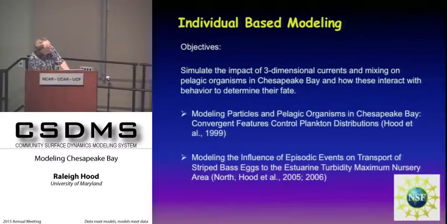But I want to start with this because this was really the first modeling study in the Chesapeake Bay that brought these types of IBM-type modeling approaches to look at these kinds of questions with pelagic organisms. And it really opened up a whole bunch of work, much of it led by my former postdoc and now colleague Elizabeth North.